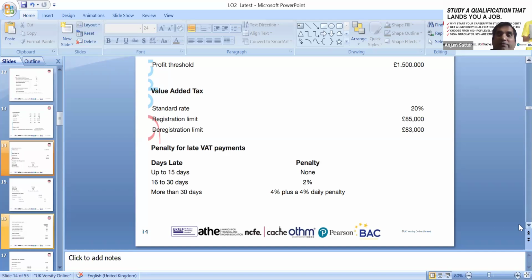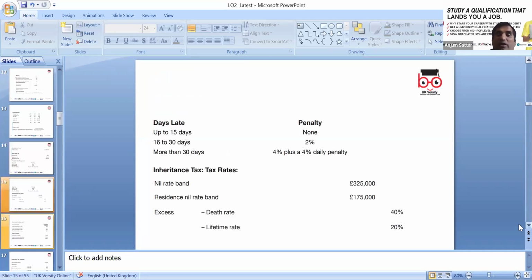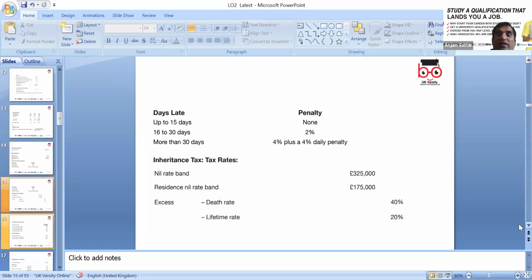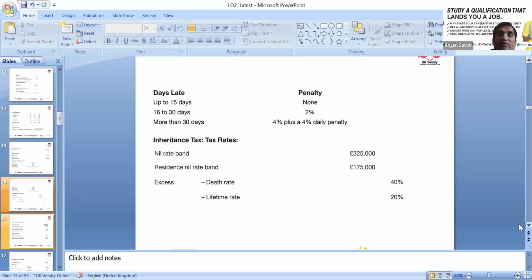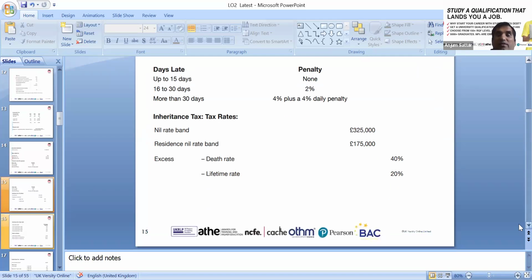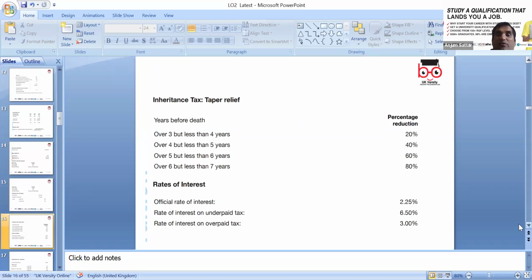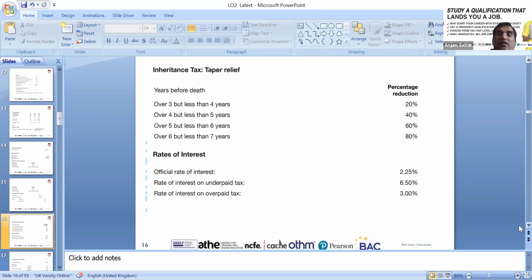Okay, penalty for the late payments, of course, we can look around the rates accordingly, and we can apply inheritance tax 325,000. Resident nil rate band is 175,000, which we can look around, exact death rate and the limit, and how many years before the death, how much rebate is available, reduction in the tax rate, official interest rate.